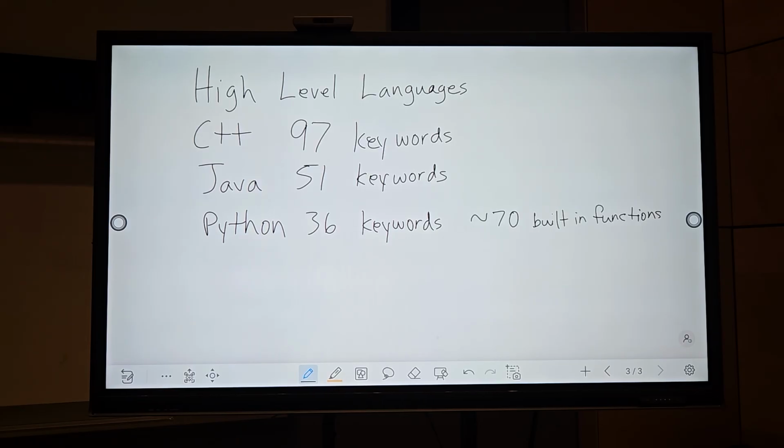So the instructions for a computer, very limited, but with creativity you can create all kinds of complex programs and results.